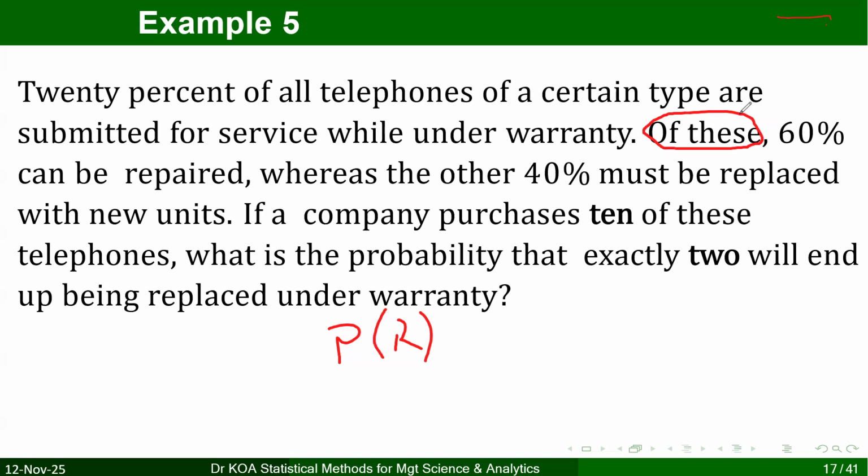Very good. Now we need to find the probability of being submitted. What is the probability of being submitted? 0.2. It's 20%. Very good. Now, what is the probability of being replaced given that it's been submitted?